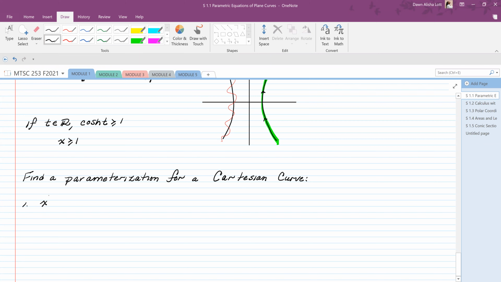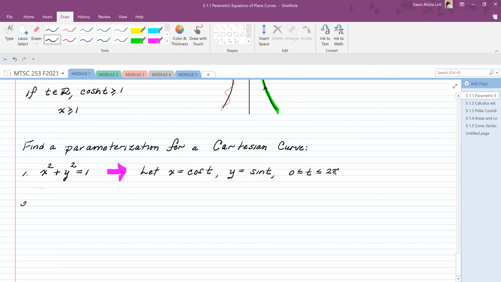So given x squared plus y squared is equal to 1, we can let x equal the cosine of t and let y equal the sine of t, and say t goes between 0 and 2 pi. That'll give me the whole circle.